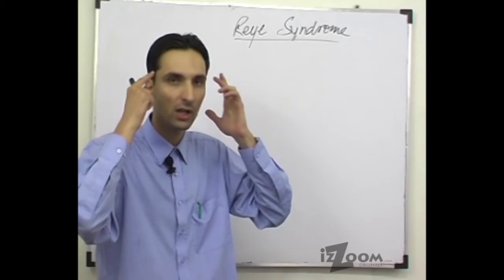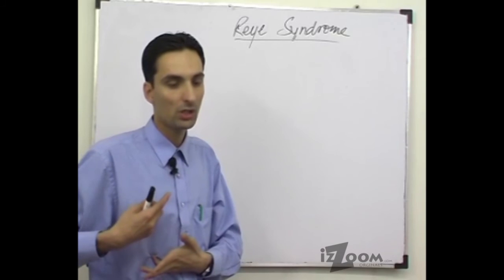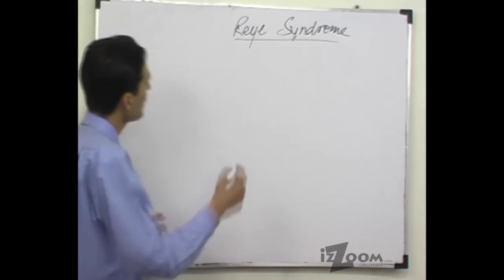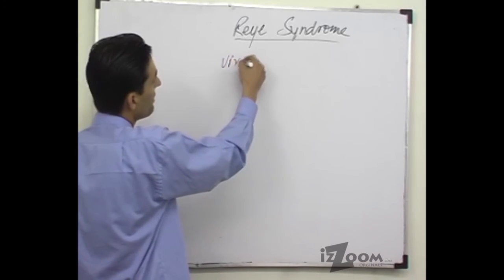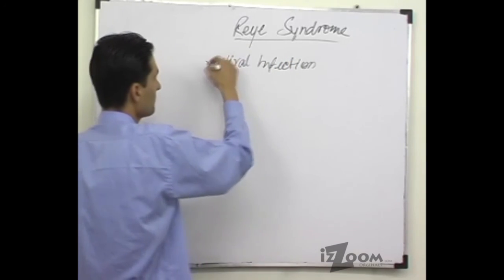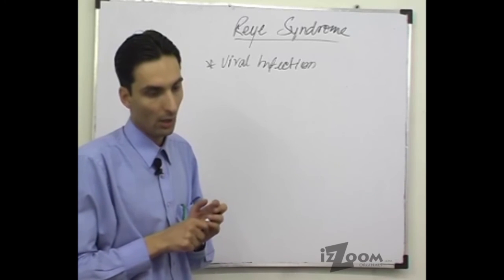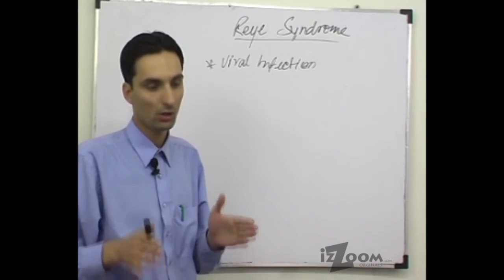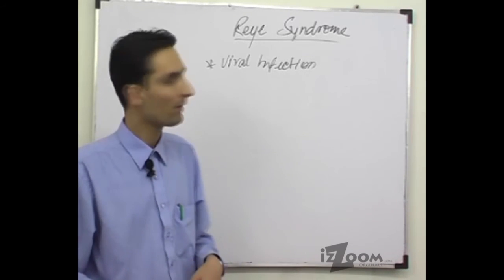It is an acute disorder which is usually preceded by a viral infection. It occurs in children of the juvenile age group. The peak age of onset is 5 to 6 years of age, but it can occur in children from 4 to 12 years of age.